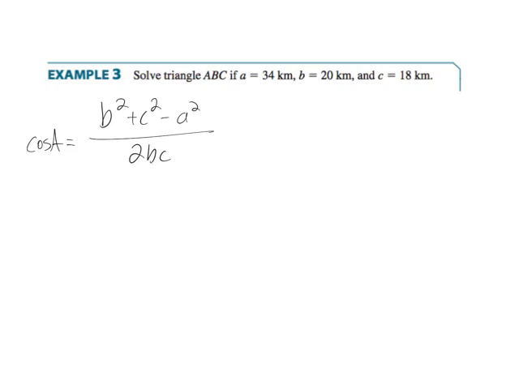You can use either law of cosines or law of sines, and then once you find that second angle, you can find the third by doing 180 minus the other 2. It's pretty easy.